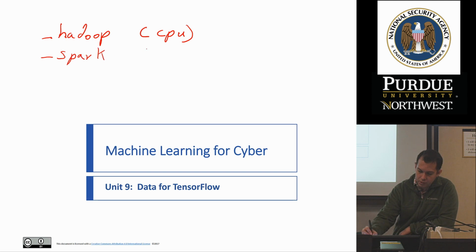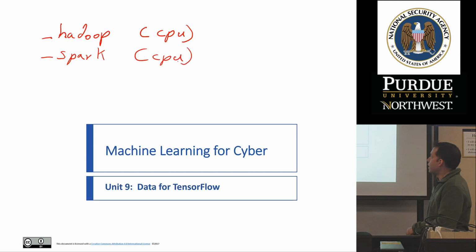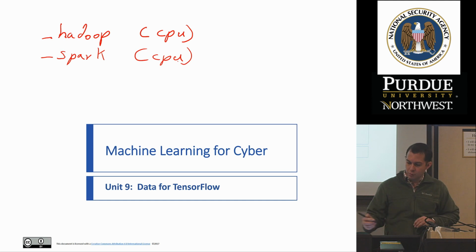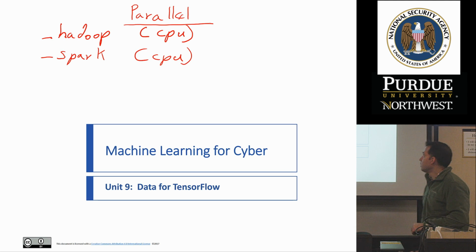Spark is also mainly a CPU type of environment. Spark can be used with Hadoop, but it's a way of doing parallel. So all of these fall under the topic of parallel alternatives.